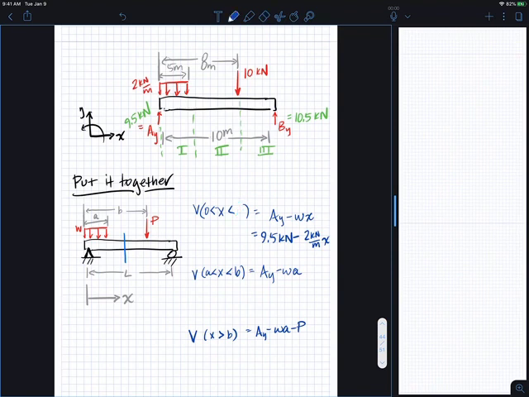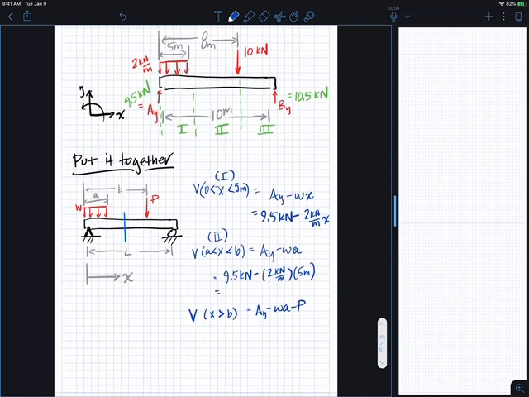This is basically section 1, right? Section 2, again AY, 9.5 kilonewtons minus 2 kilonewtons per meter times A, which is at 5 meters. Right? So that's actually equal to negative 0.5 kilonewtons.